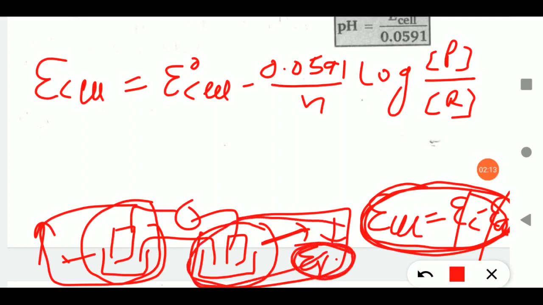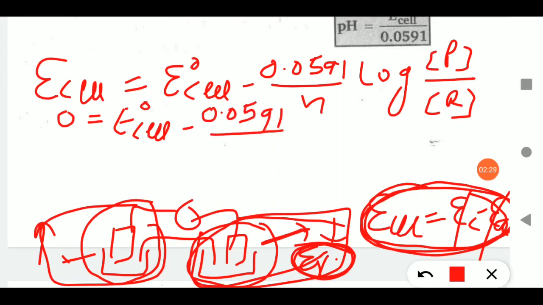At the stage of equilibrium, no current will flow in the cell and E cell will be 0, because the potential difference will be 0. The potential of the cathode and the potential of the anode will be the same.